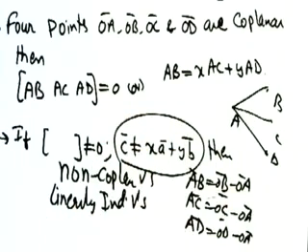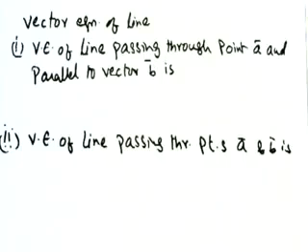If vector C cannot be written in the form x times vector A plus y times vector B, or if the determinant box ABC is not equal to 0, then we say these are non-coplanar or linearly independent vectors.